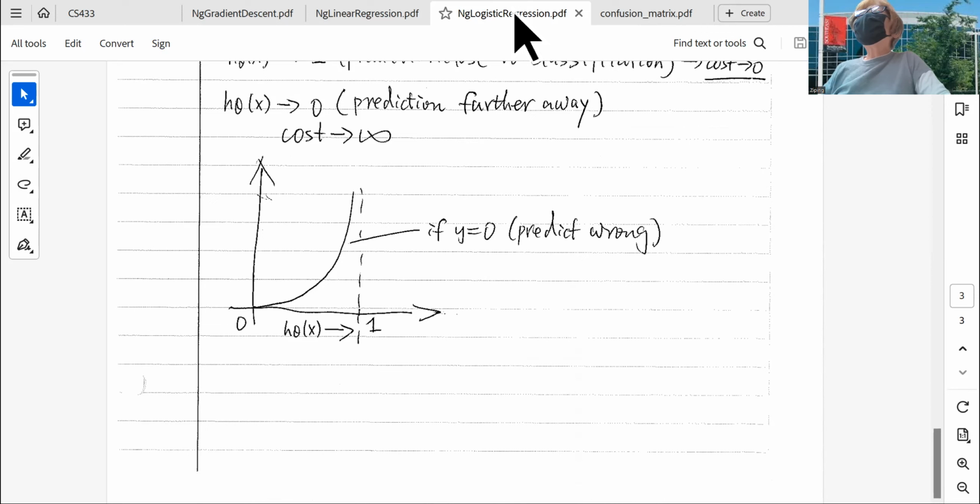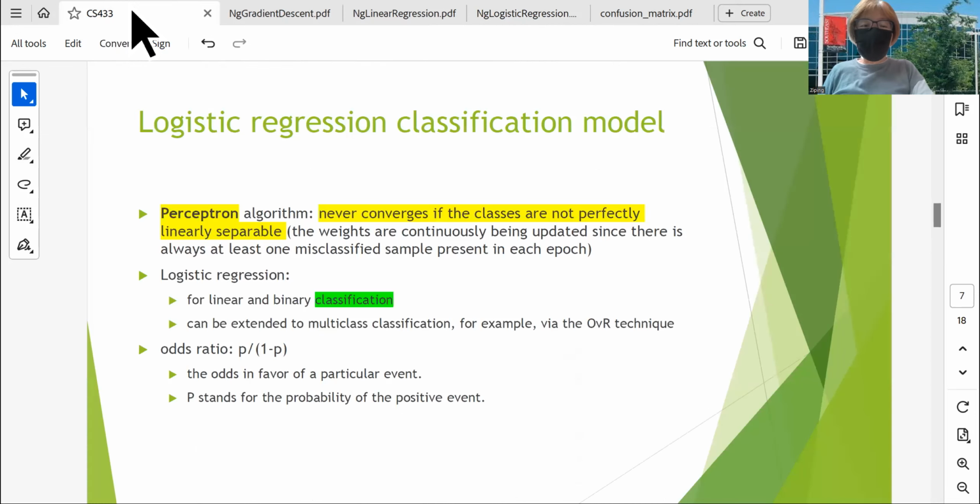So over here we discussed the general idea of logistic regression. Once we understand that, be careful: logistic regression is for classification.